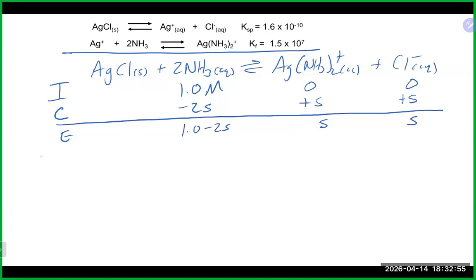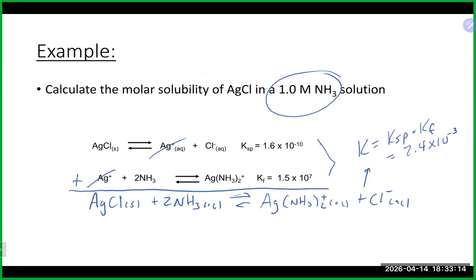Like normal, we're going to do our equilibrium expression, which in this case is again our products over our reactants. And again here, not including the silver chloride since it's a solid. And we'll use our combined K value we got on the previous slide there.